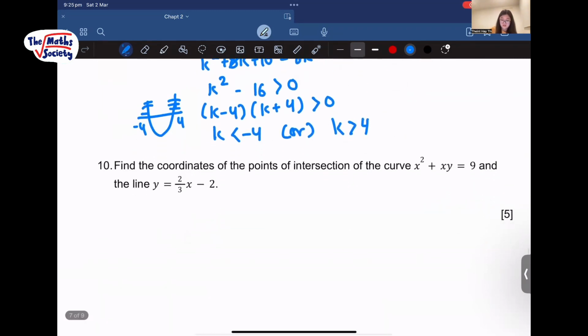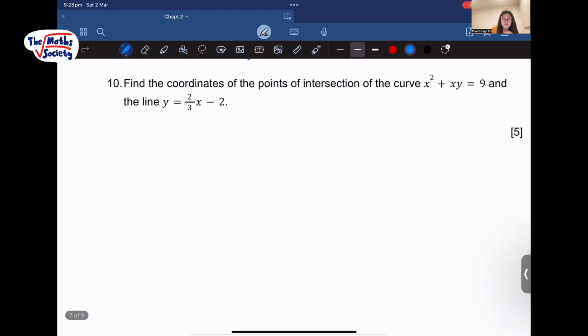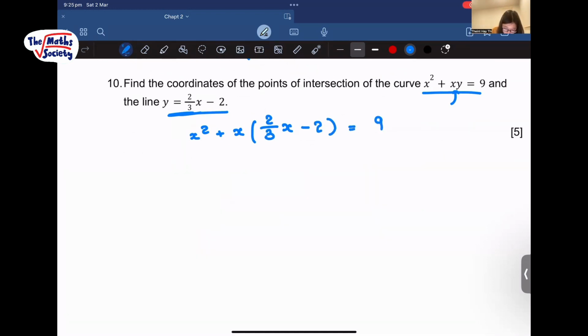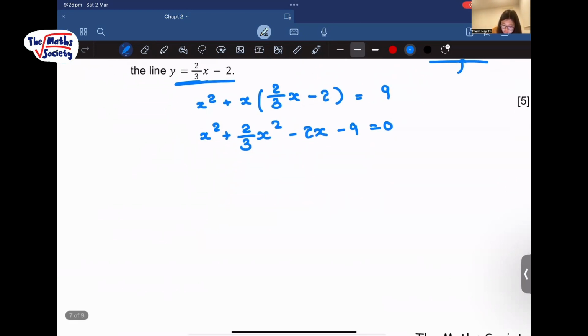Yep. And then number 10 is to find the coordinates of the points of intersection of this curve and the line. We can just substitute the y of this one here. So it'll be x squared plus 2 by 3x minus 2 equals 9. Yep, so we'll just do it. x squared plus 2 by 3x squared minus 2x minus 9 equals 0. And because of this denominator 3, we'll just multiply everything by 3.